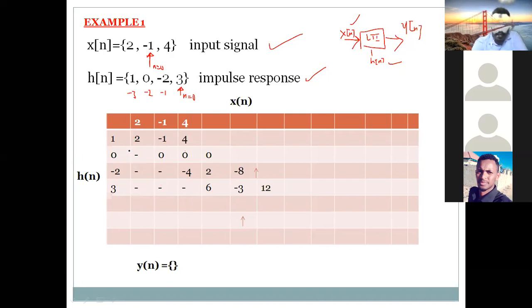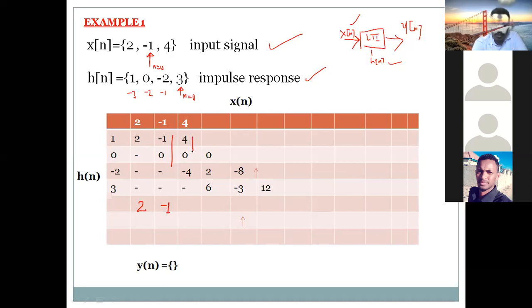Next step, addition. Don't add these 2 and 2 here. We only add the results in each column. The result is 2. Is there any other sample here? No. So we have only 2. Next, in this column, we have 2, -1 and 0, so the summation is -1.